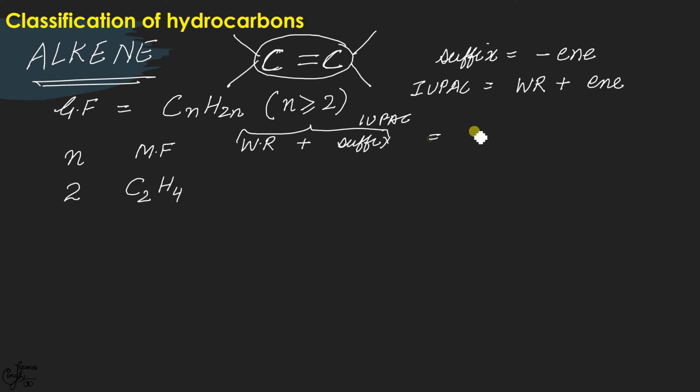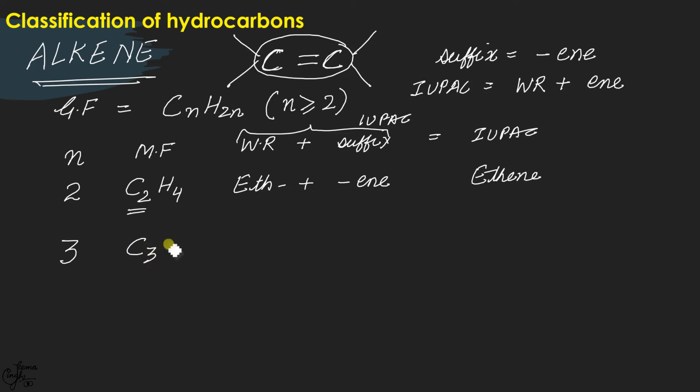So this will comprise your IUPAC or official name. 2 carbon atoms means it's going to be eth plus the suffix ene, combine, and you get ethene. Let's move on to n is equal to 3. It becomes C3H6 for 3 carbon atoms. The word root is prop. Combine it with the suffix ene and you get propene. So make sure your A and E are clearly written.